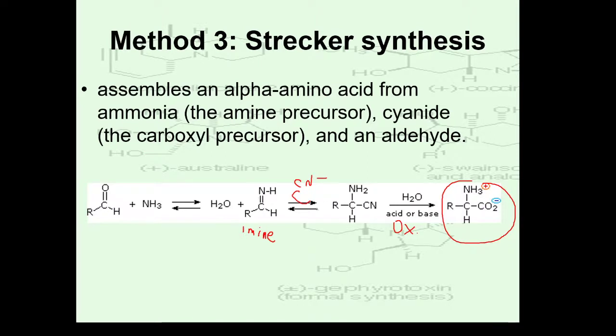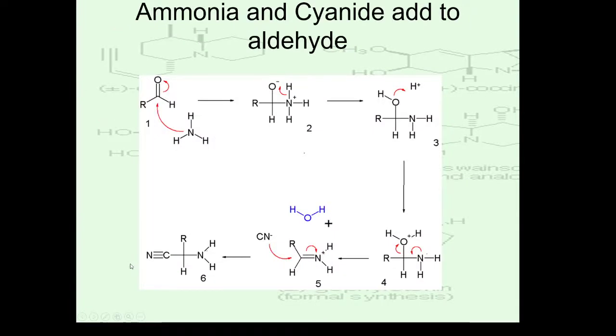The nitrogen's going to lose electrons and give them over here. And then we're going to oxidize the cyanide and turn it into a CO2 and end up with that same functional group, or same basic structure, I should say, with the functional group. Here's our functional group and our same basic structure of CH with a CO2 and an NH3. Okay. So that's 3 ways to create an amino acid.